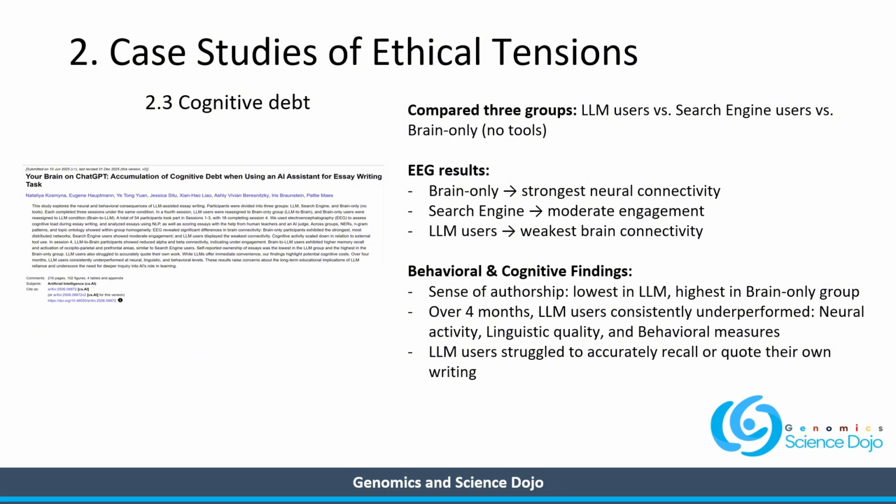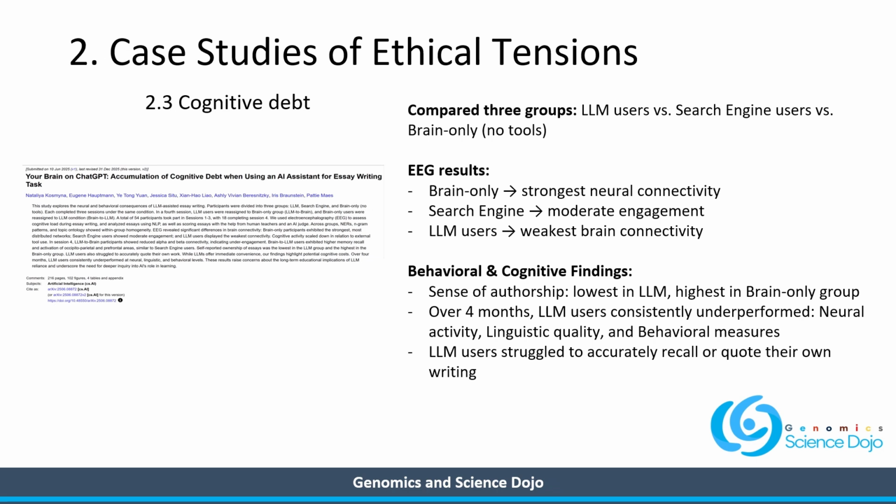Now, there's also a terminology related to AI that has been recently gaining attention, which is cognitive debt. So, what is cognitive debt? We'll use this study published by MIT and other collaborators, which hypothesizes that when individuals are using ChatGPT, there's a cognitive debt from using it.